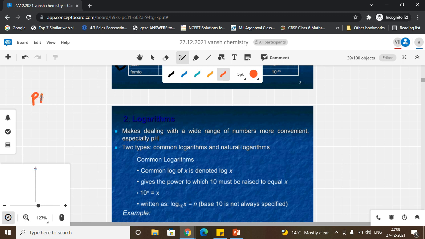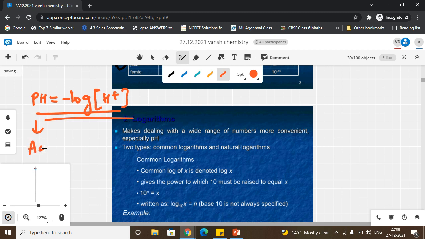Why? Because if you do pH, we all know pH is minus log of H positive ions. Ever heard of this formula? No, never. Now, what is pH? pH is for acid. We know it is between 0 and 7. So pH is the measure which tells us about the acidic character.